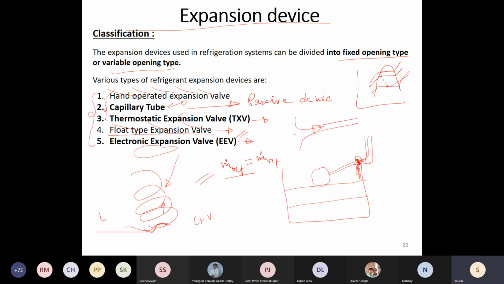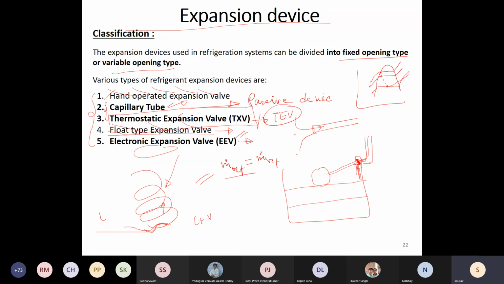And the most commonly used expansion device right now is the thermostatic expansion valve. So we'll discuss how it is advantageous to use a TXV, or sometimes it is also called TEV. What is the principle, how it is advantageous, and how again this valve behaves when the operating condition changes.